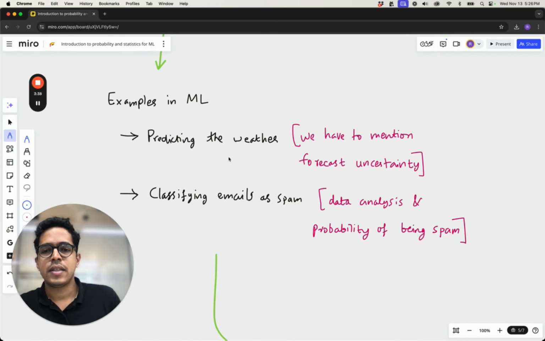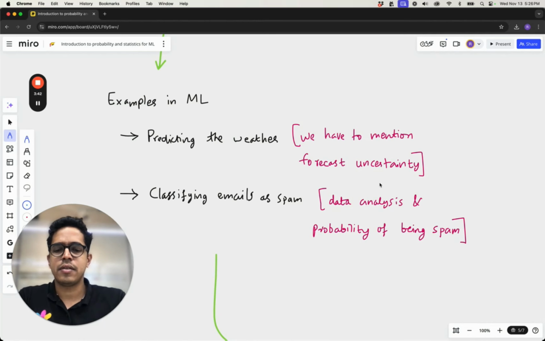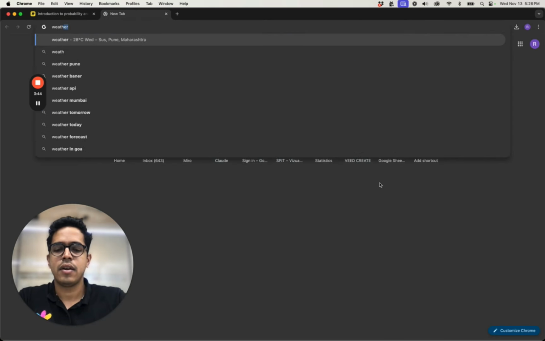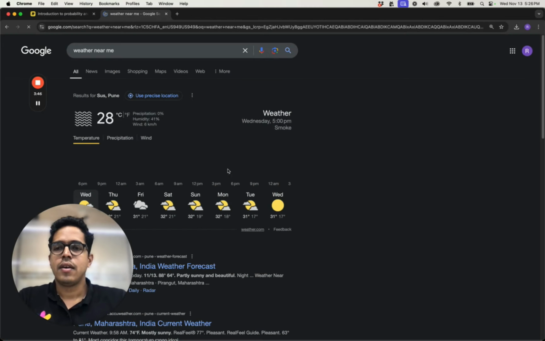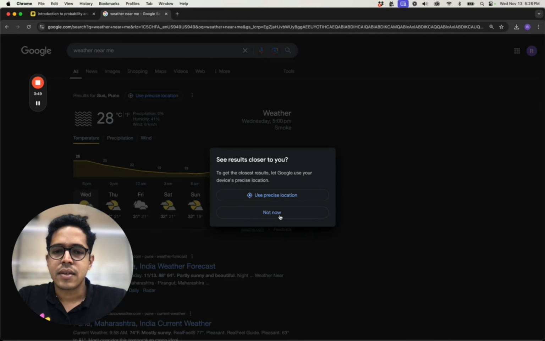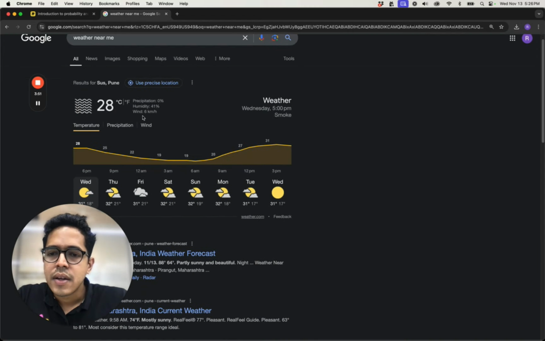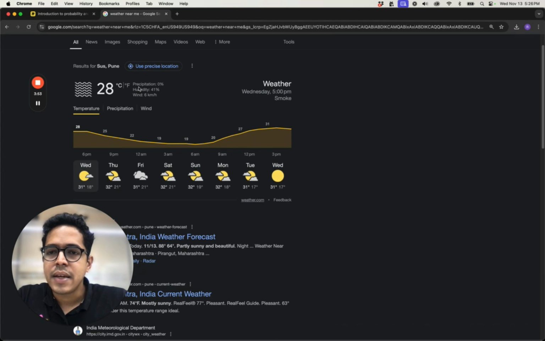Similarly, in weather prediction, it's almost never a certainty. So if I search the weather here, you can see precipitation chance 0%, humidity 41%, wind 26.